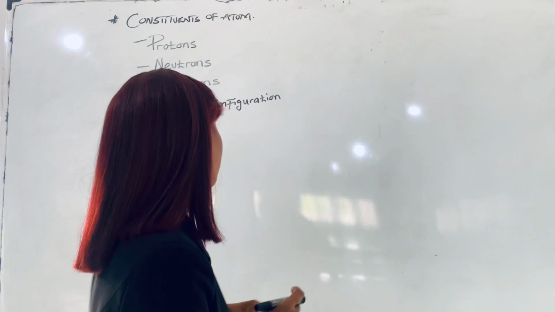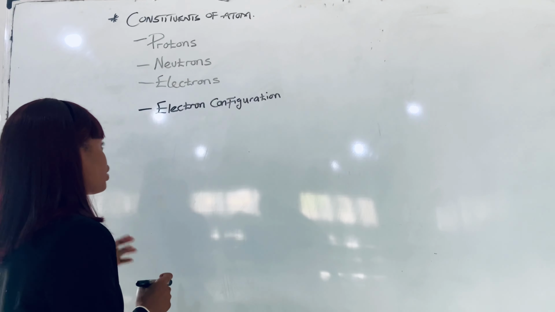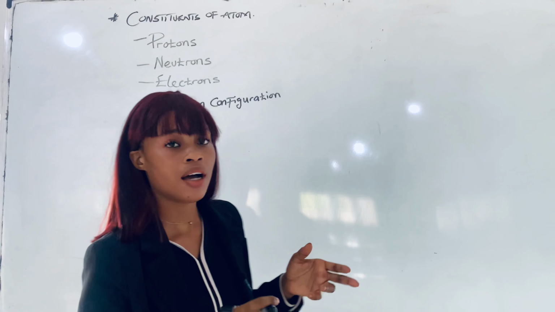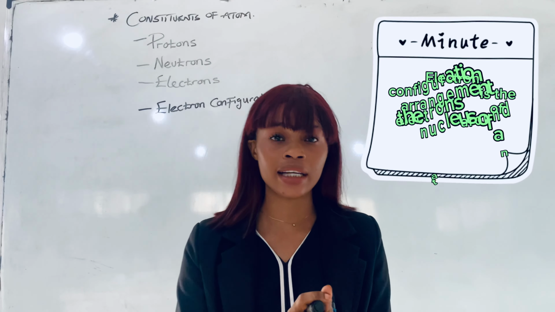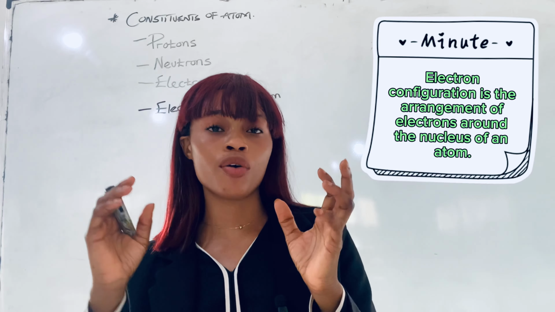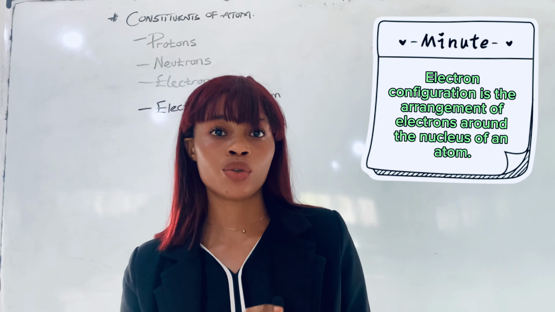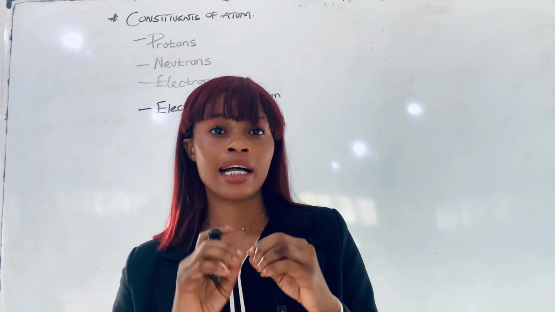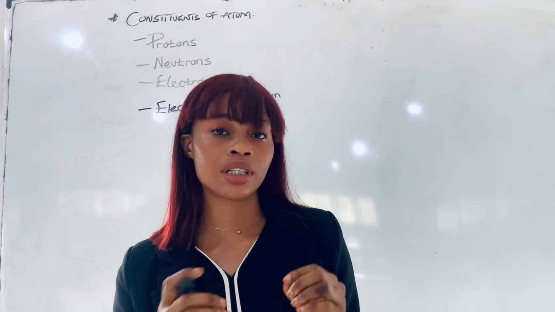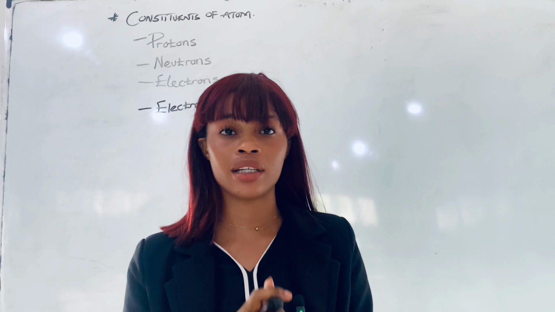Very quickly, we want to define what electron configuration is. Electron configuration can be defined as the arrangement of electrons around the nucleus of an atom.